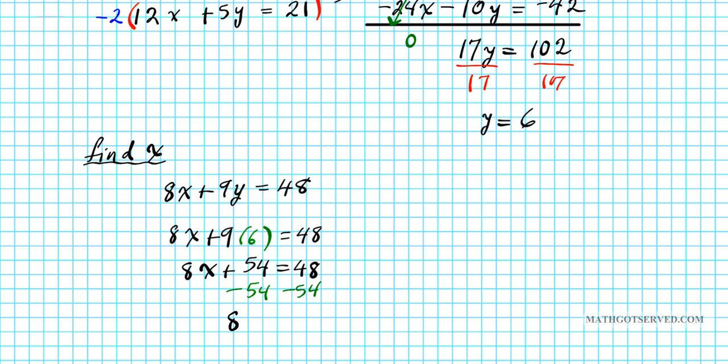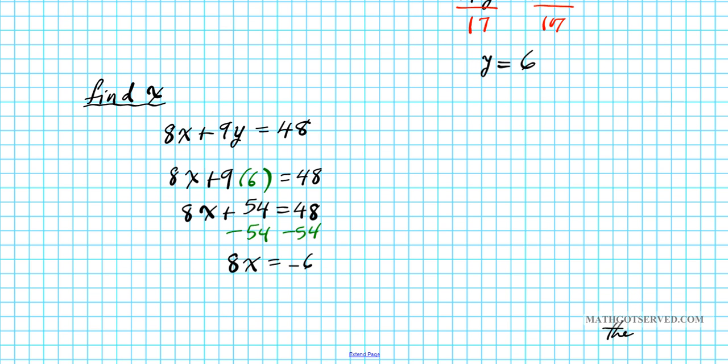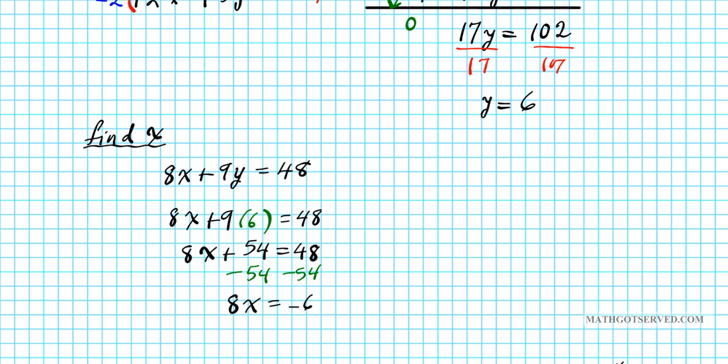You get 8x equals 48 minus 54. It's negative 6, so you have negative 6, and then divide both sides by 8 to get x isolated.